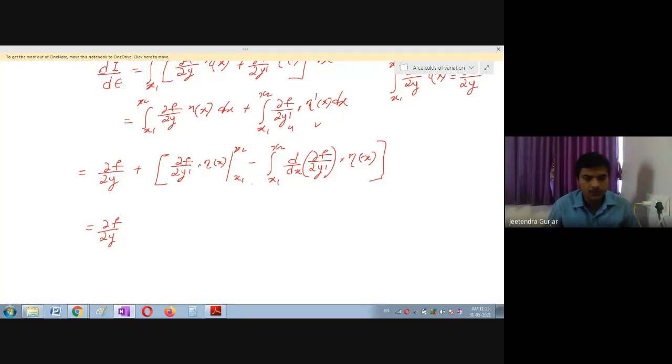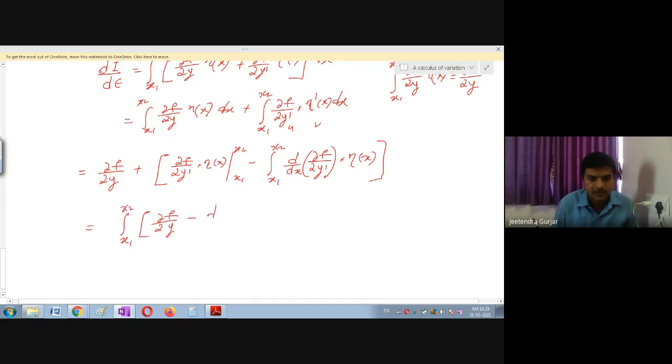So therefore from this part, if you simplify this, you will be getting this as integration x1 to x2 of ∂f/∂y minus d/dx ∂f/∂y dash, ν of x dx.